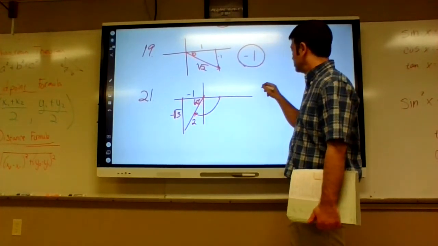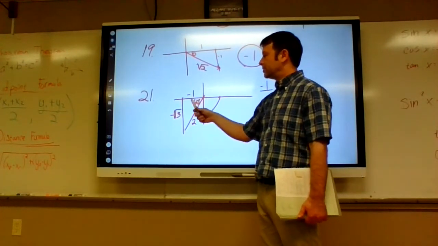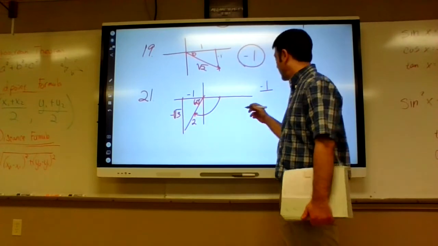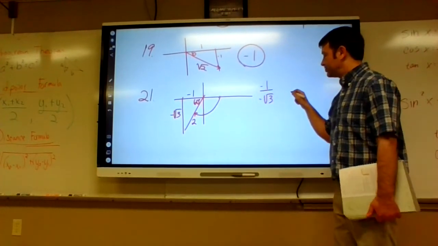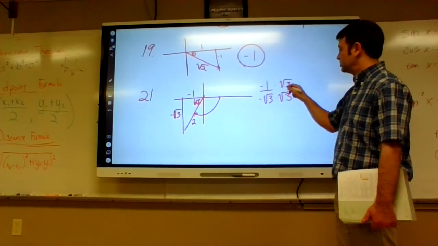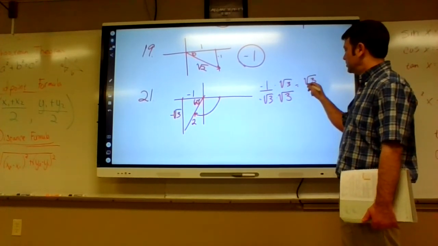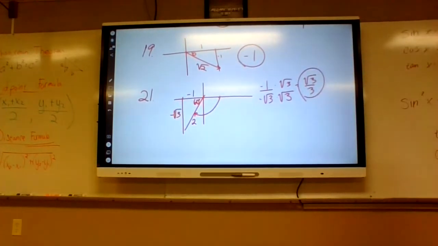Negative 1. And what is the opposite? Okay, negative divided by negative is positive. If you multiply the bottom and top by square root of 3, you get square root of 3. Kind of toughies, aren't they?